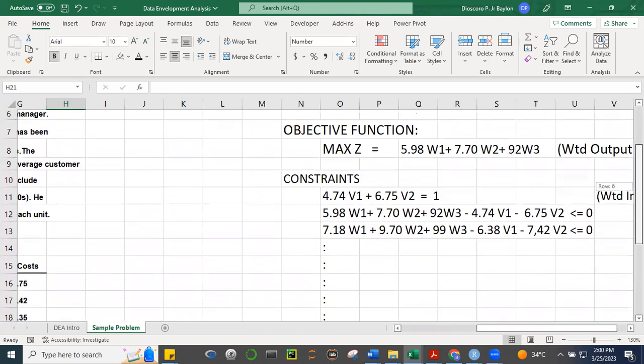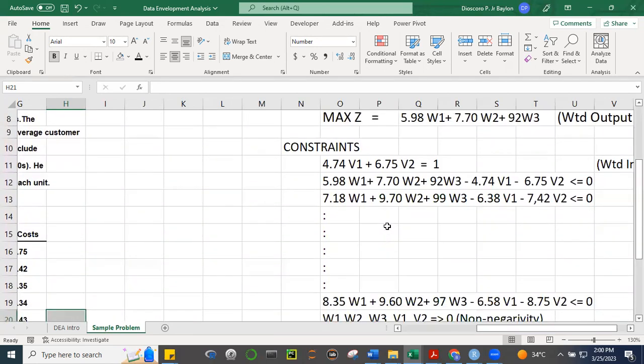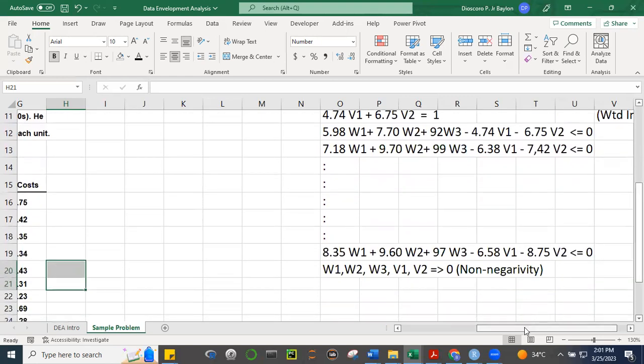And then we have the constraints, which are the bounded efficiencies for all the units, which is just the same as weighted output minus weighted input divided by the weighted input should be less than or equal to 1.